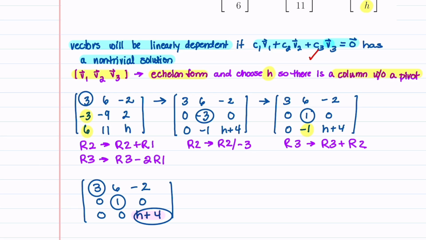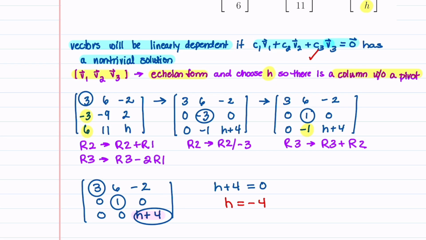So we're going to take h plus 4 and set it equal to 0, and that's going to give us an answer that h is equal to minus 4. So when h is equal to minus 4, we have a column without a pivot, and our vectors are going to be linearly dependent.